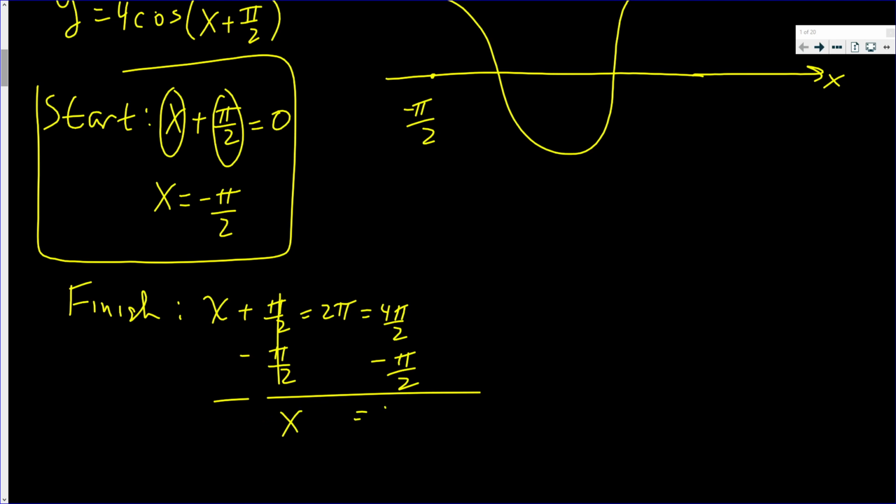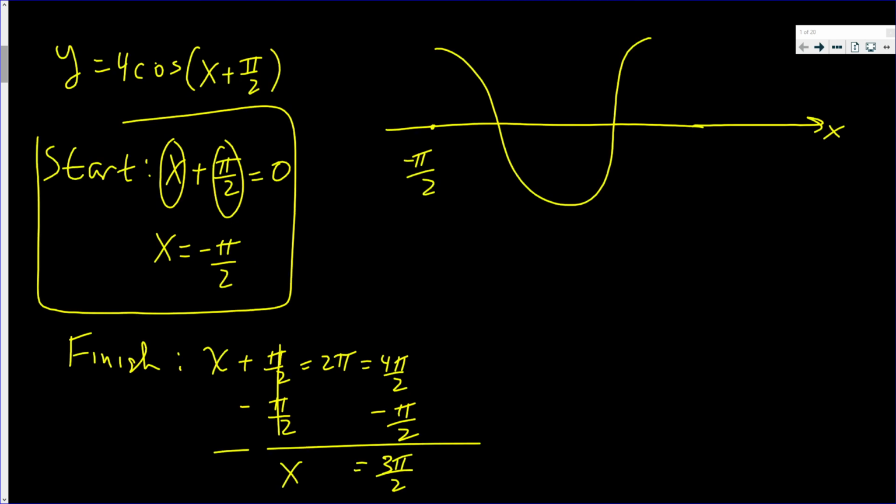And on the right side, 4 pi minus pi is 3 pi over 2. So, we now know where it finishes. Finishes at 3 pi over 2. Now, everything is pi over 2. This is negative 1 pi over 2.